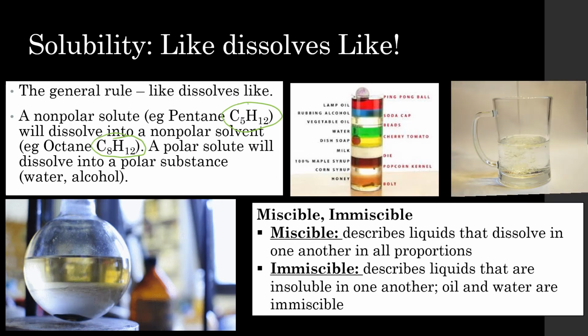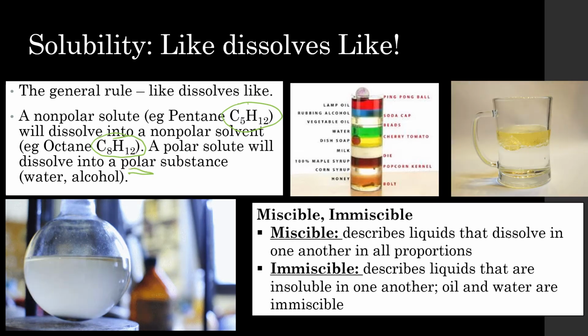Now a polar solute will dissolve into a polar substance. So water is the universal solvent, but it is polar in nature. So water dissolves most things, but it won't dissolve non-polar substances. Another one is alcohol. So things can be dissolved into alcohol, and a number of medicines are.